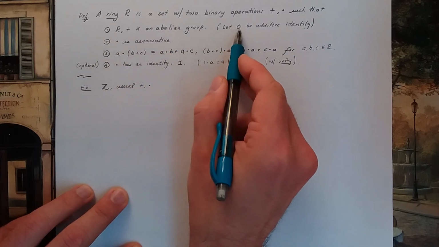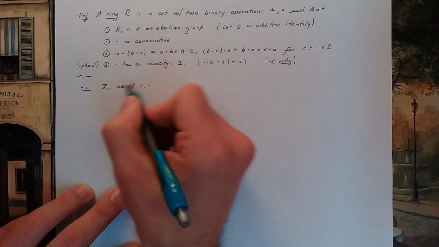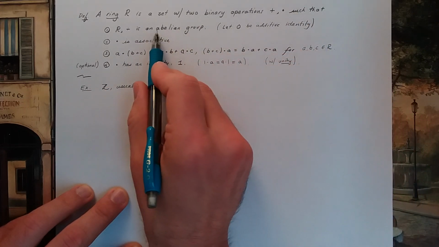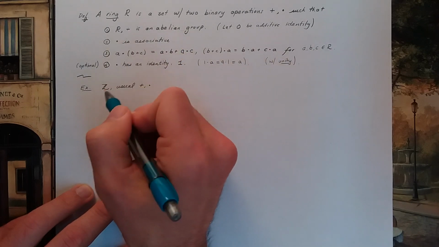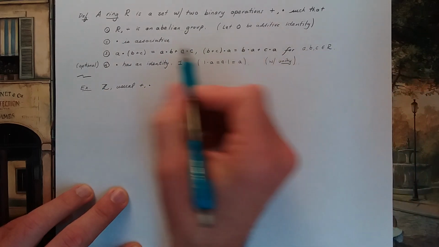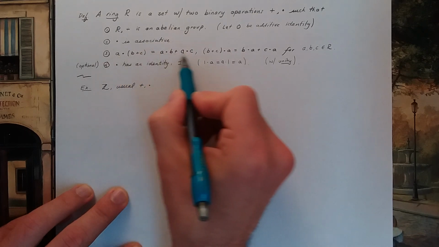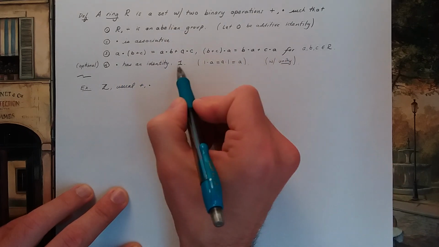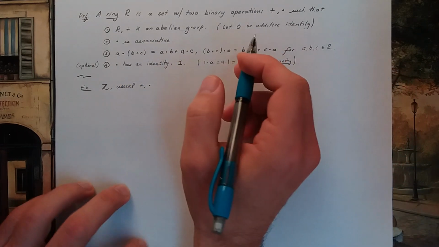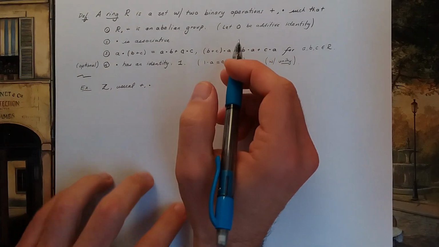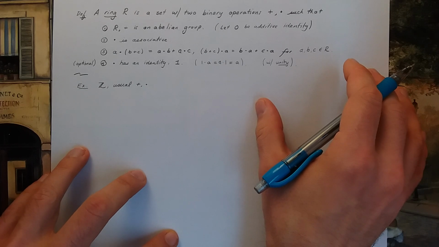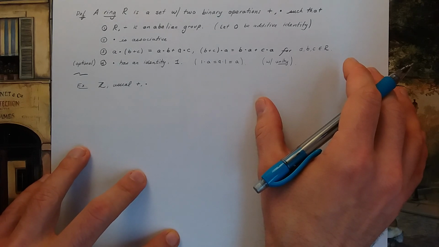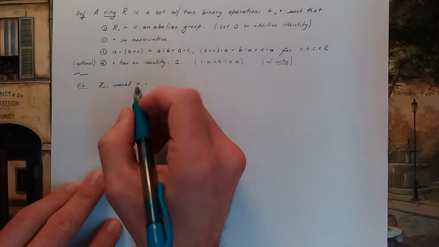There's a 0. There's inverses, meaning I have negative numbers. It's commutative operation. There's a multiplication. I could multiply two integers. That's an associative operation that satisfies this distributive property. And it has a 1. What it does not have, what the integers do not have, are multiplicative inverses. So there may not be multiplicative inverses. That's okay. It's still a ring.